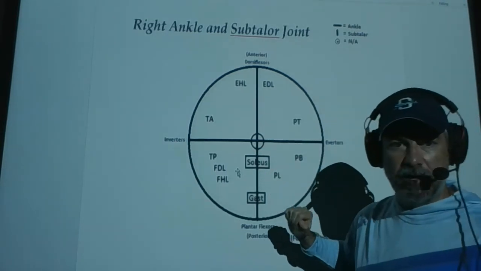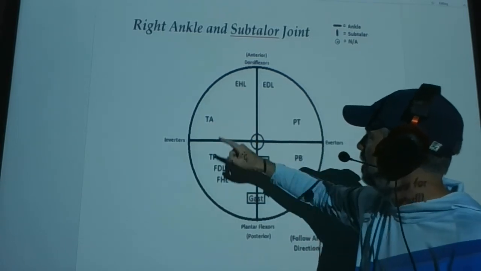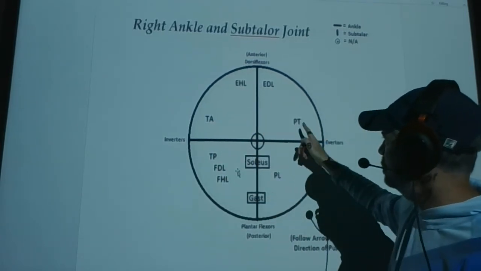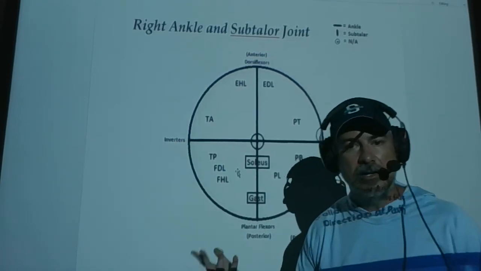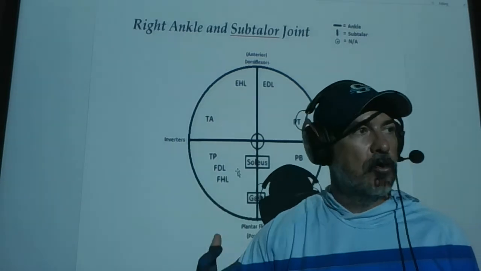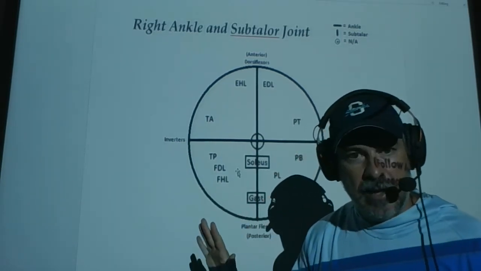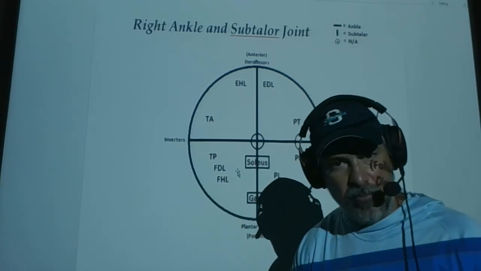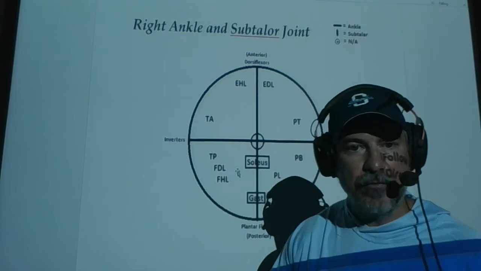Who are your dorsiflexors? The anterior crossing muscles: tibialis anterior, extensor hallucis longus, extensor digitorum longus, peroneus tertius. 310 taught you to figure out what group of muscles are working. When I heel strike, gravity on my front foot and the ground reaction force on my heel are trying to plantar flex me.